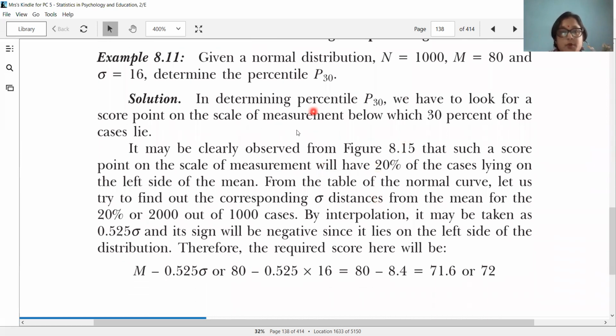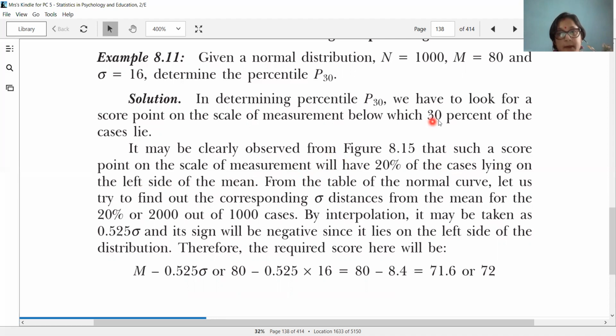When we come to know about this point, that we need to find out the score point below which 30% of the cases lie, now we need to find out the sigma value for 20% of the cases which may lie on the left side of the mean. As you all know, 50% lies on both the sides of the mean.